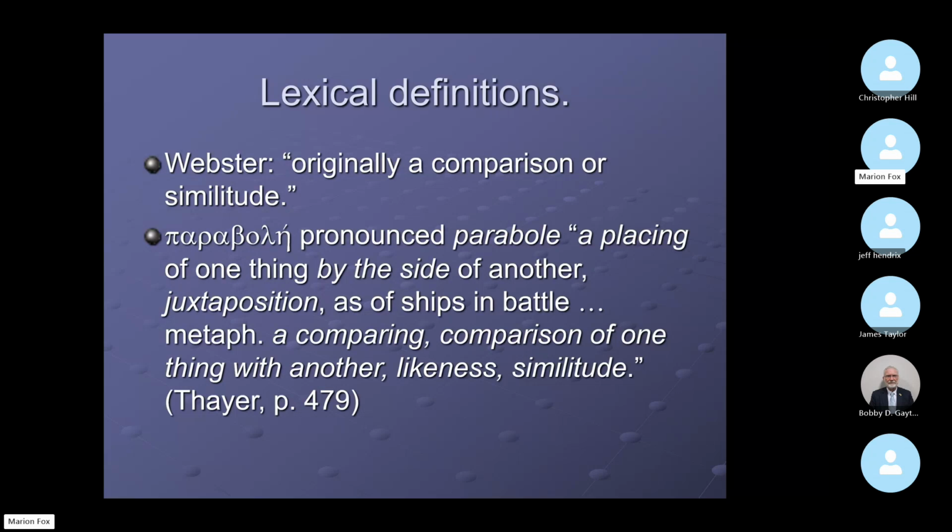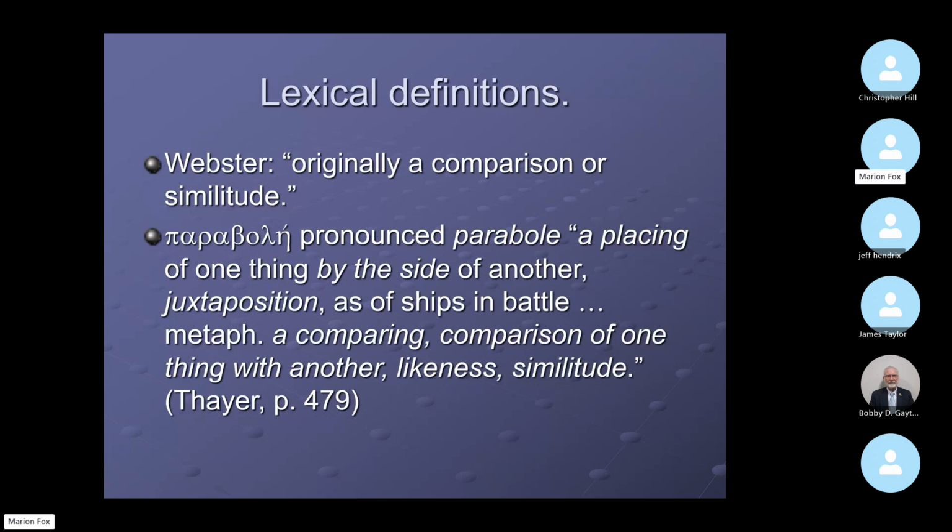So even Thayer defines it as a similitude. But think of it like we have two words here: the first four letters, para, is the word beside in Greek. Bole is something thrust or thrown. So we throw or lay or put two things beside one another for comparison purposes. That's what the word parable actually means.